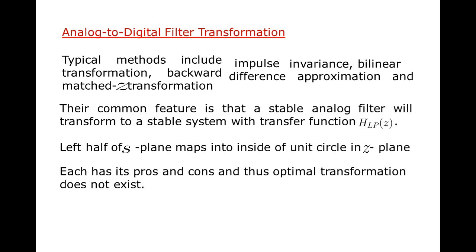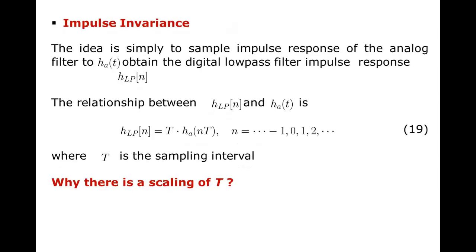Popularly, we are going to use the impulse invariance and bilinear transformation methods. See the impulse invariance method. The idea is simply to sample the impulse response of the analog filter, HA of t. HA of t is the analog impulse response, and we have to obtain the digital low pass filter by sampling this impulse response, denoted as HLP of n.